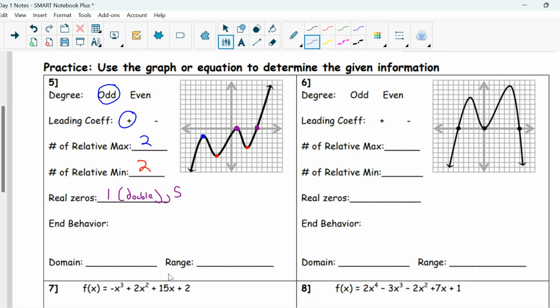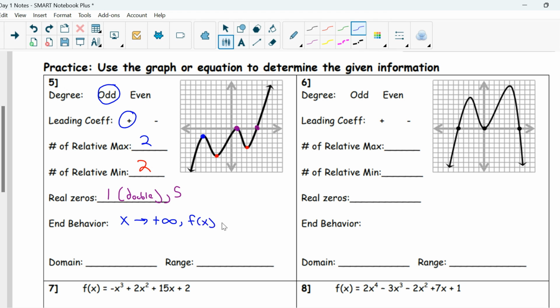All right, now we need to write out our end behavior. So writing out our end behavior, the first thing you're going to write is what x direction you are talking about. So I'm going to start with as x approaches positive infinity. Then you are going to write what f of x approaches.